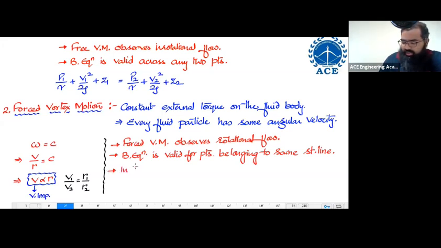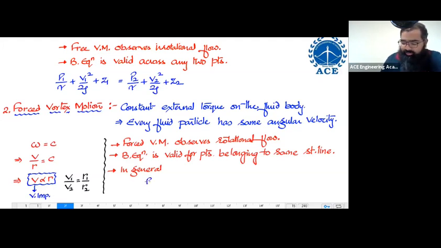In general, imagine I'm having 2 points, point 1 and point 2. What can I write for these 2 points? Please observe this. This might be new to you, and this will look slightly strange also. But remember this.